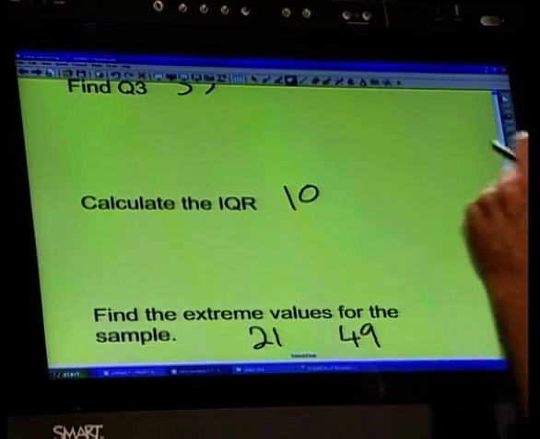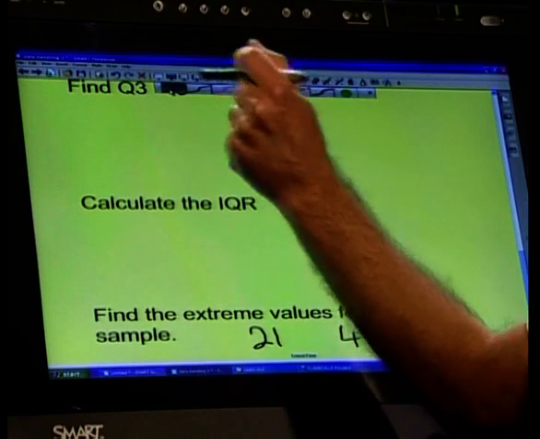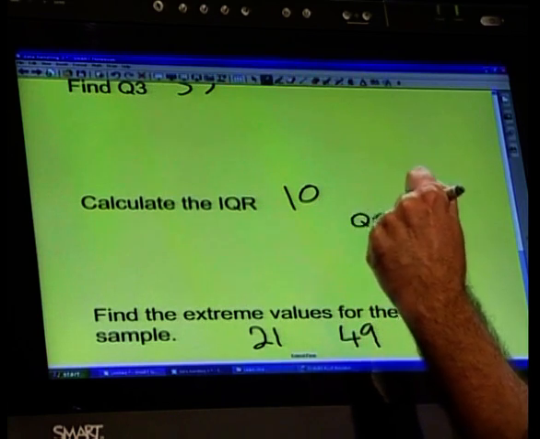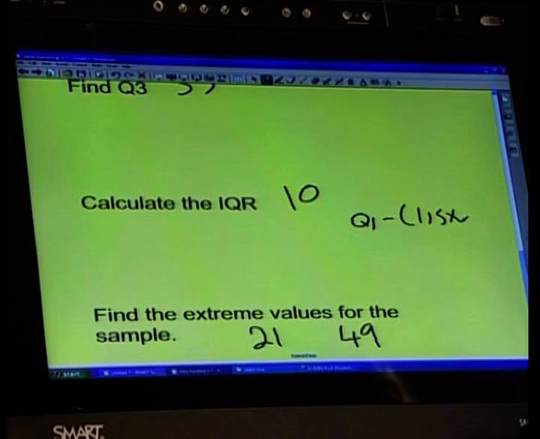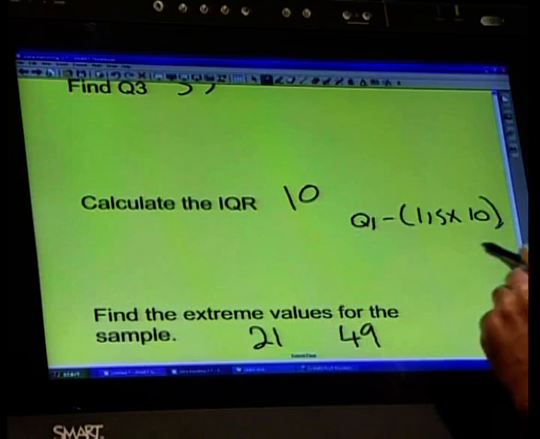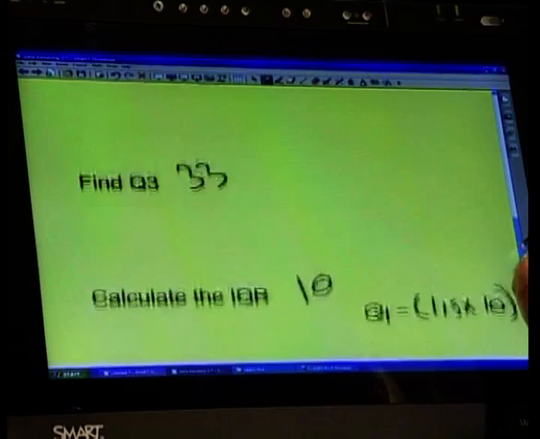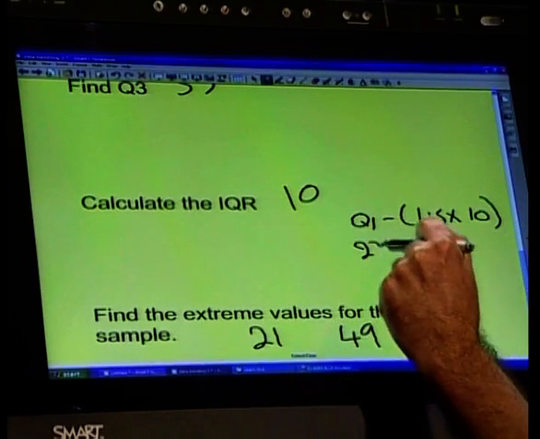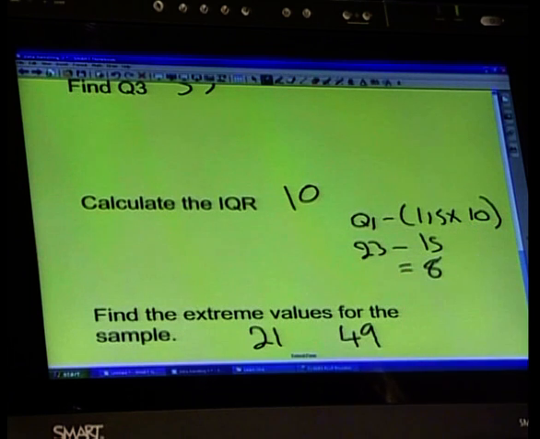Remember, we needed the Q1 value, and we're going to subtract from the Q1 value 1,5 times the interquartile range, which in this case was 10. So that'll be 1,5 times 10. Q1 we said was 23. So 23 minus 15 equals 8.